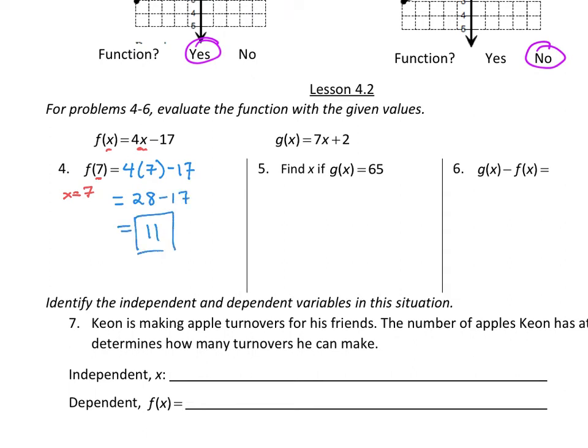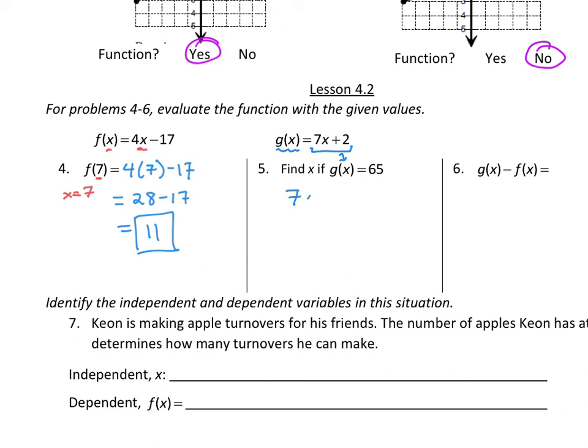Pretty straightforward there. Now for number 5, this changes a little bit. This one says that g of x, the whole thing, equals 65, and we want to find the x this time. So this is quite a bit different. We're still substituting, but this time we're replacing the whole g of x with the 7x plus 2.